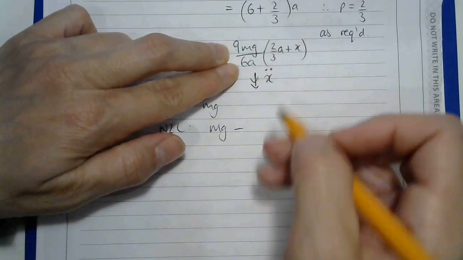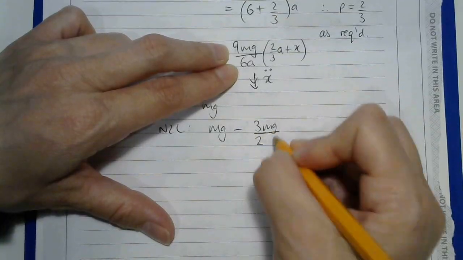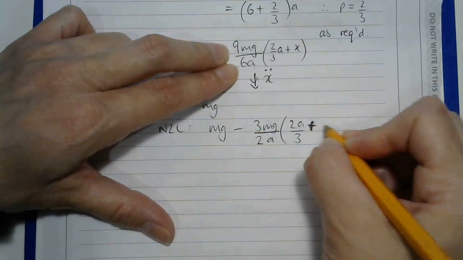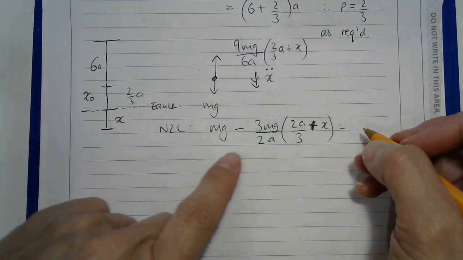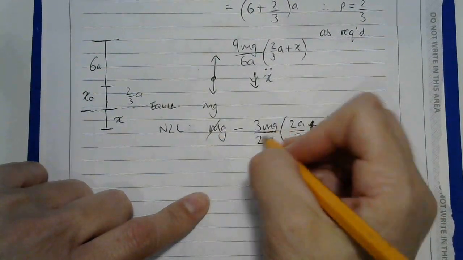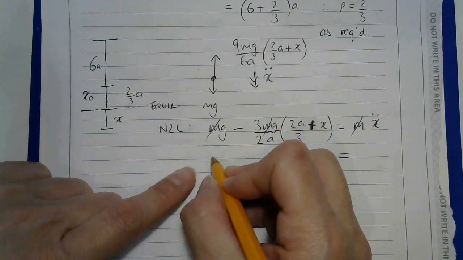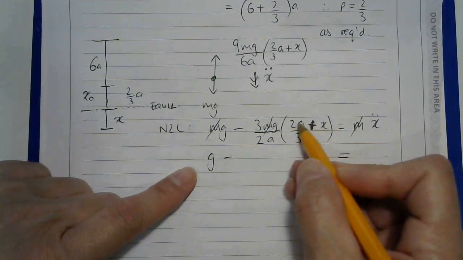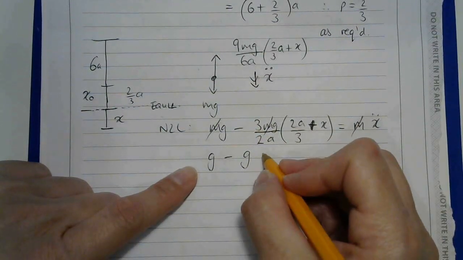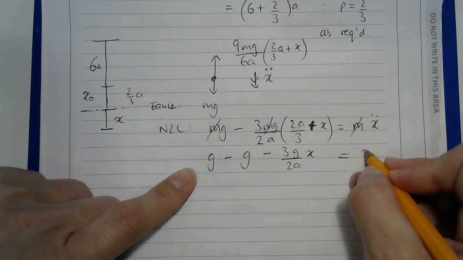The 9/6 can simplify to 3 over 2. And that will equal the mass times the acceleration. You'll see I have an m everywhere, so I can divide through by m, and multiplying this out I get g minus, here the a's will cancel, the 3's will cancel, the 2's will cancel, so I'll be left with g, and here I'll get minus 3g over 2a multiplied by x.